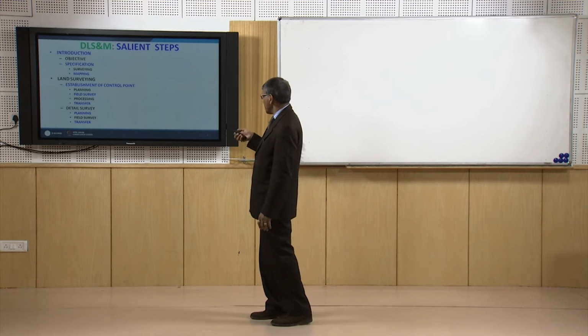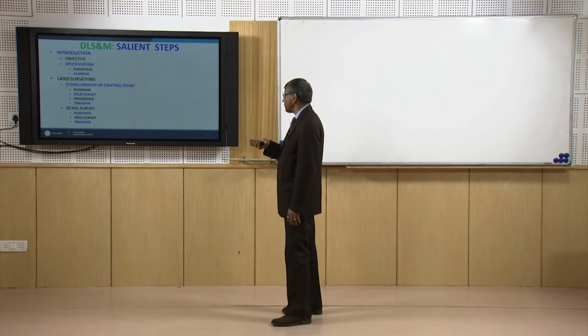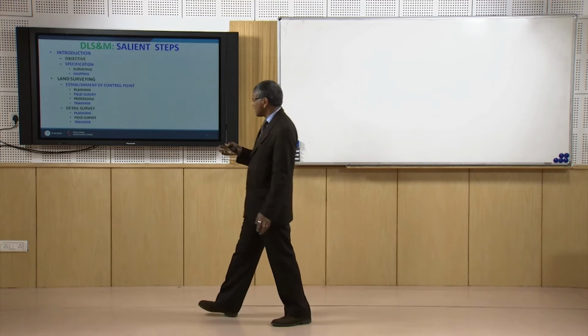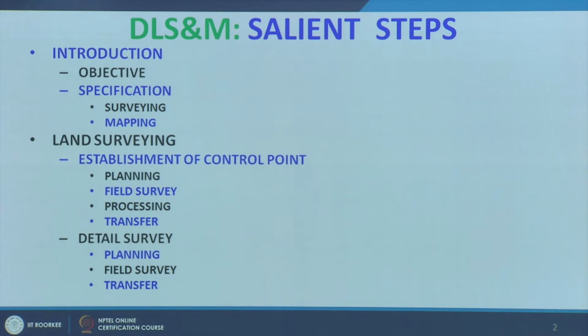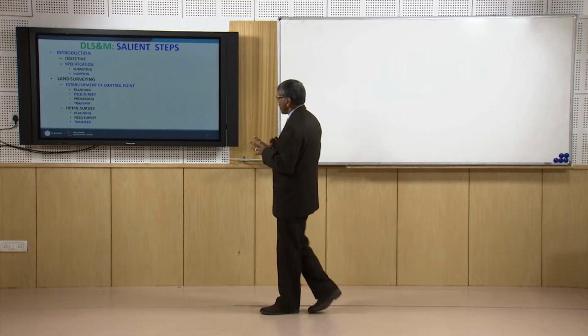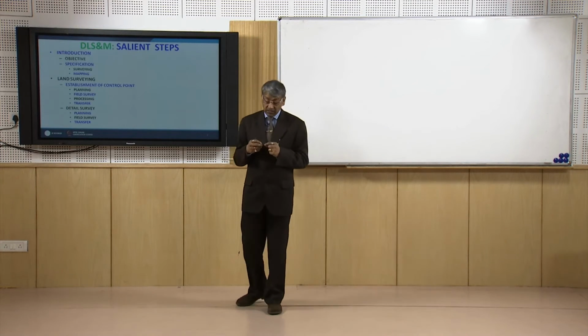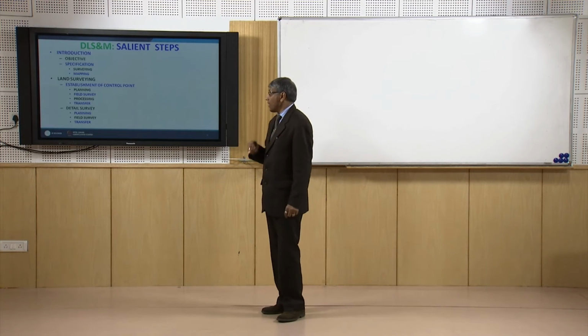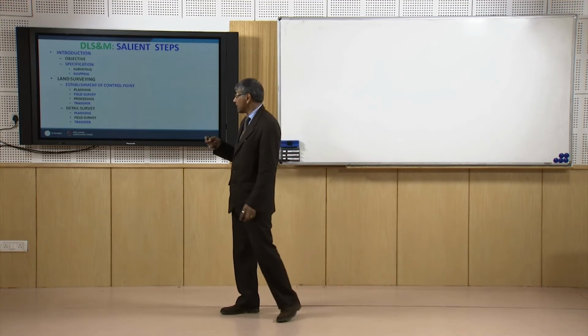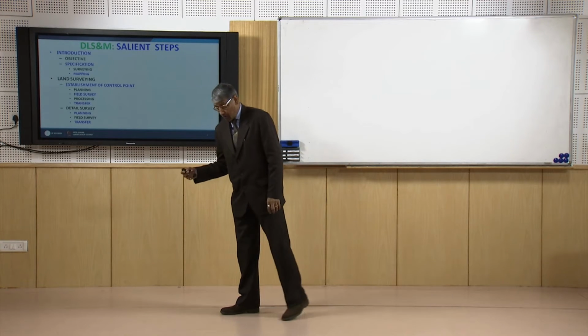So like that we have to plan the different activities. One more important thing in planning is the network design, that is, how these station points will be considered and how the observations have to be done at the different control points.